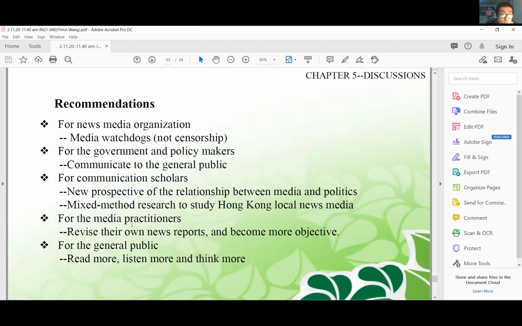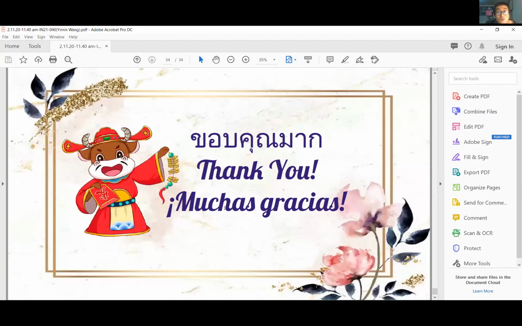For media practitioners, they should revise their reports and become more objective. For the general public, they should read more, listen more, and seek more, and avoid being manipulated by news media. So that is my research.